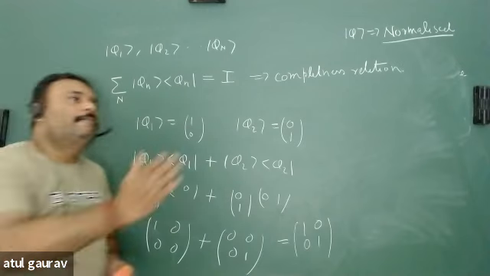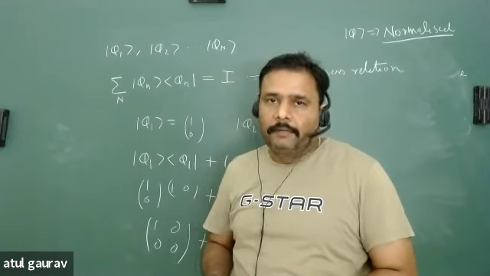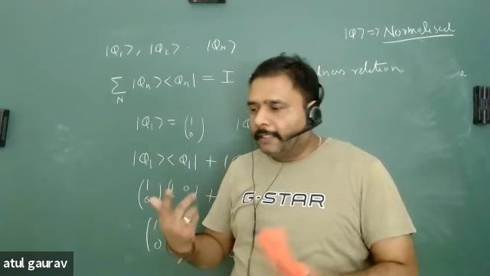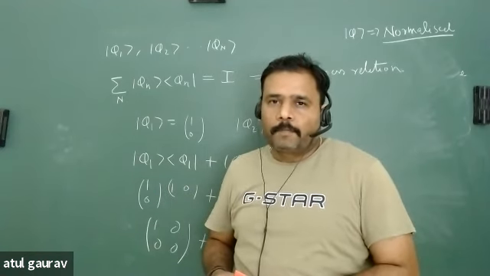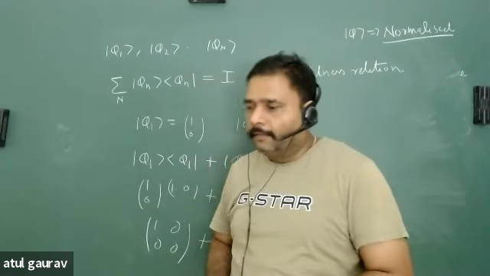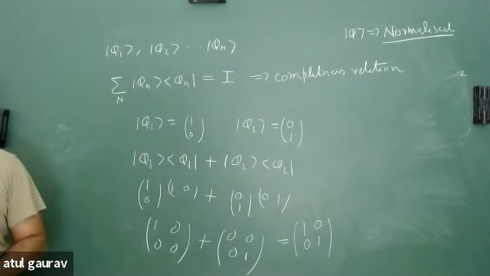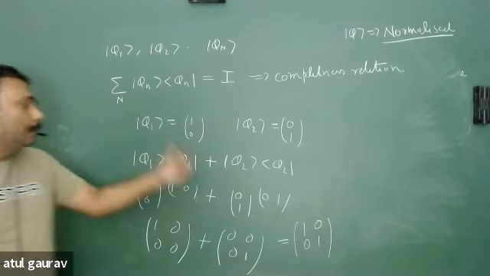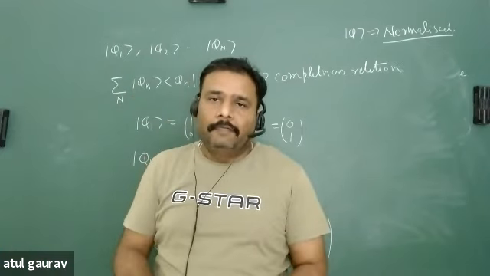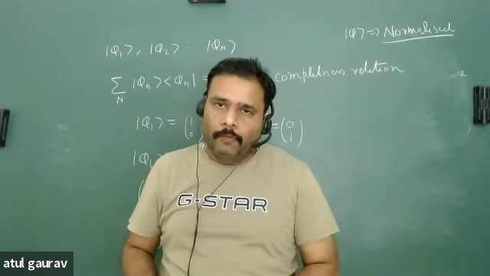It depends on the dimension. If you want to make a space of 3 cross 3, then you have to take 3 phi. If you want a space in a plane, then 2 phi is more than enough.